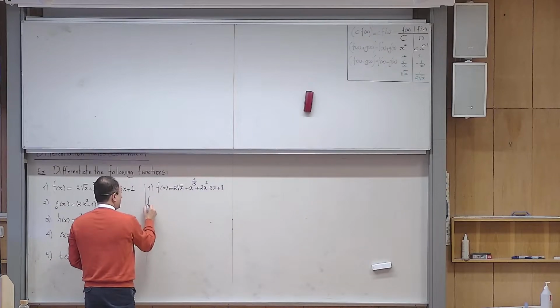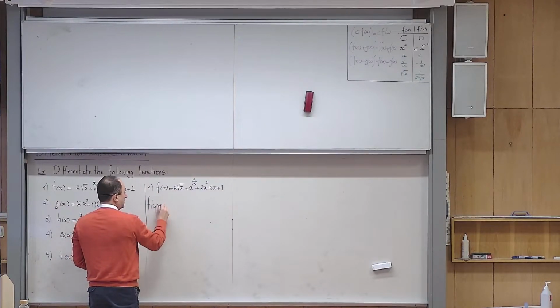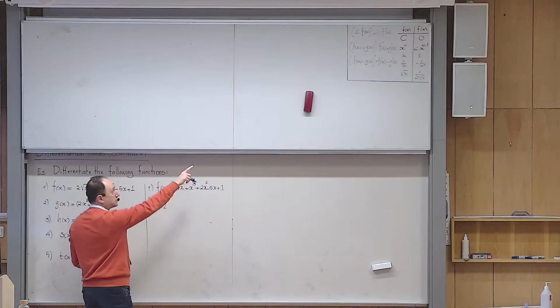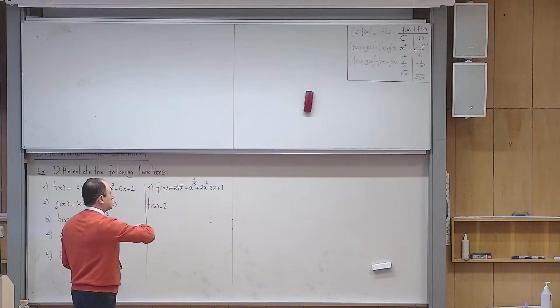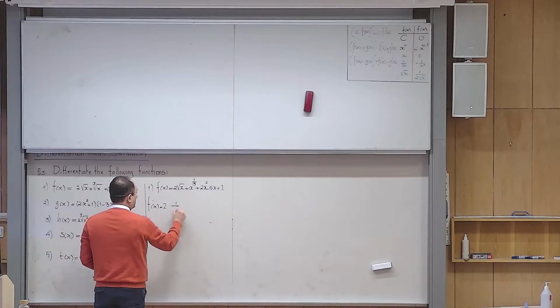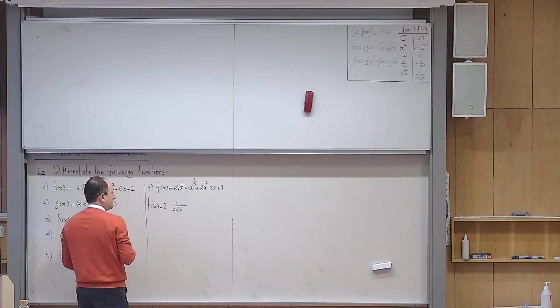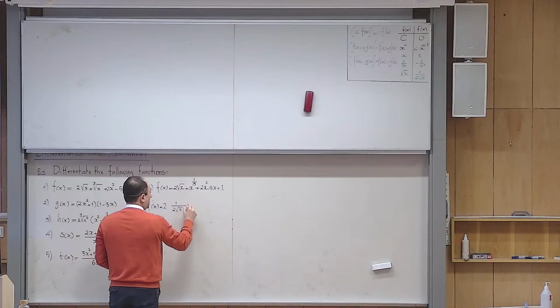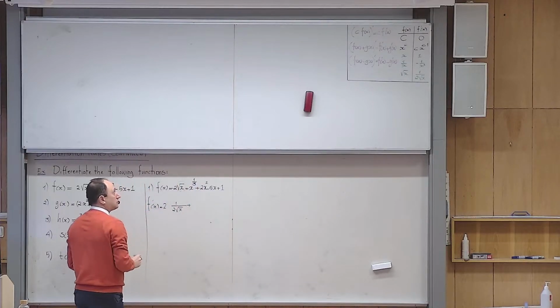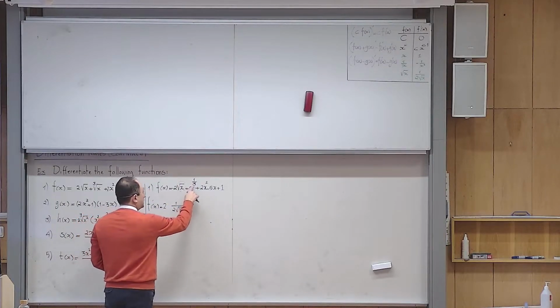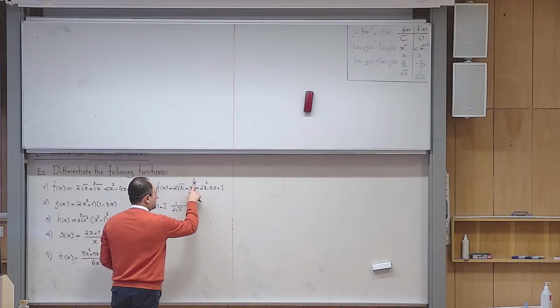Now I differentiate. This 2 is a multiplicative constant, so I will write it there. And then I differentiate this part, which is the last row in that table, which is 1 over 2 square root of x. And then here, I use the second row of that table, with the constant c being 1/3.